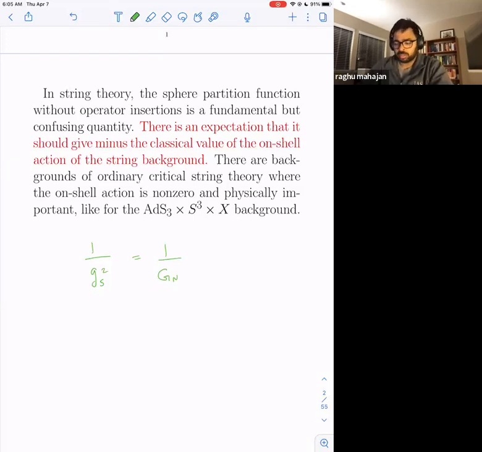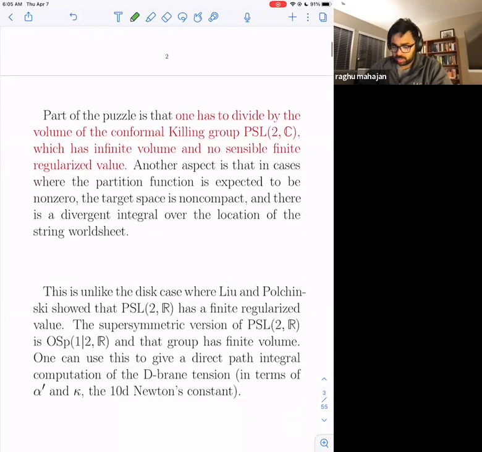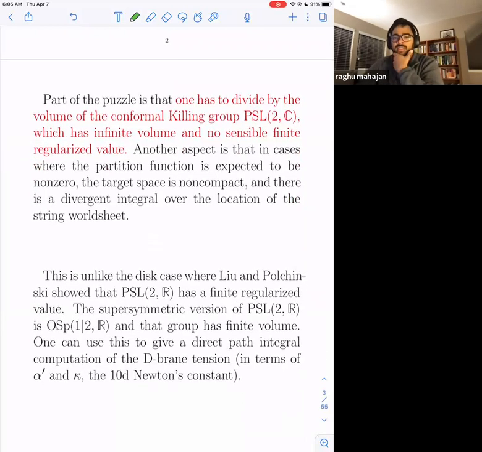So these are very interesting questions, but we don't know how to compute this quantity because there is a big puzzle: there is this unfixed conformal Killing group on the sphere, PSL(2,C), and it has an infinite volume. It's non-compact, and also there is no way to regularize it to a finite value.